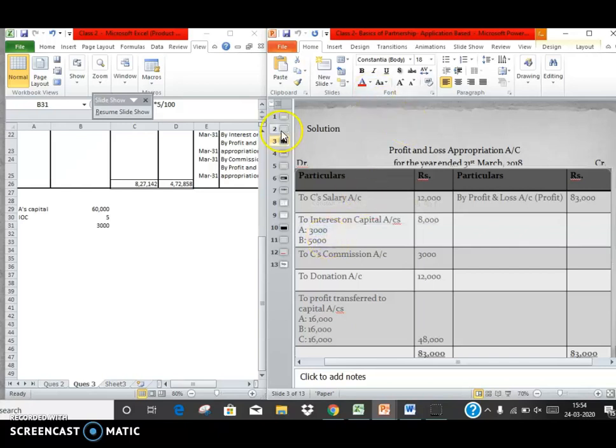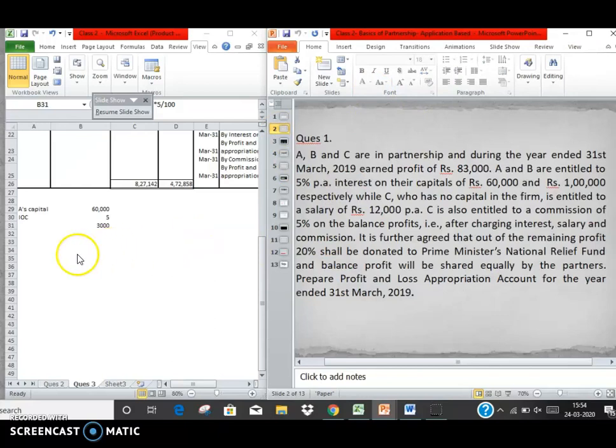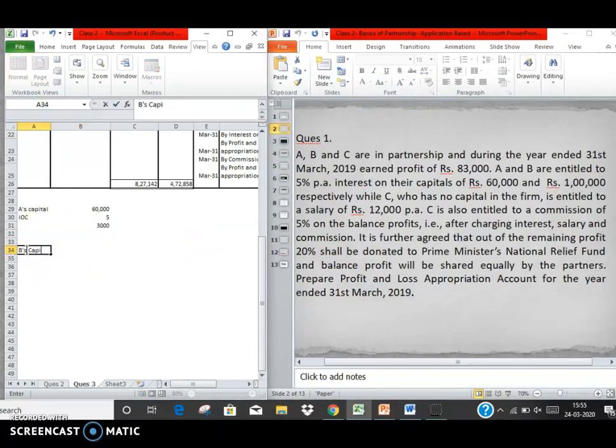Now, similarly, you have to calculate it for B's capital. What is B's capital? That is 1 lakh rupees. How will you calculate this? Again, interest on capital percentage is 5.